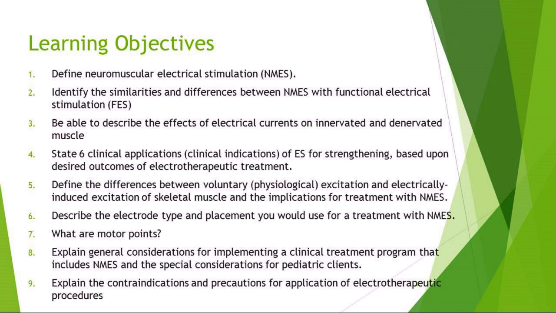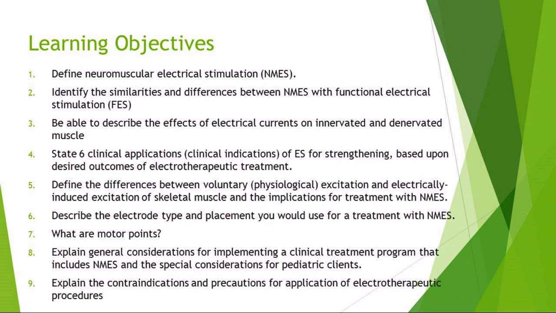Defining the differences between voluntary or physiological excitation of muscles and electrically induced excitation of muscles, and the implications for treatment with NMES. You should be able to describe the electrode type and placement you would use for a treatment. And what are motor points?